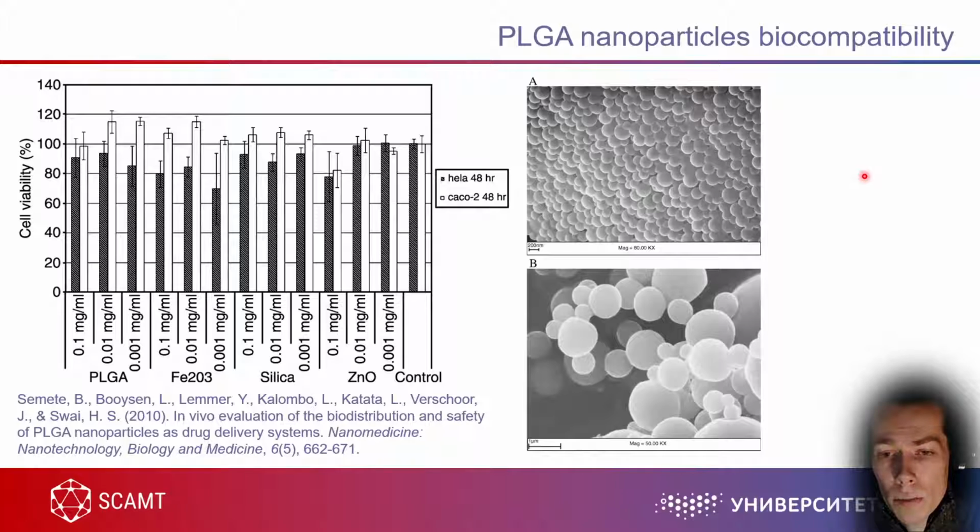It is mainly used to produce particles from polymers, and among all of these polymers, one is very famous: PLGA, poly(lactic-co-glycolic acid). And you can see how this particle looks. It looks very smooth, very nice, with a very nice polydispersity.